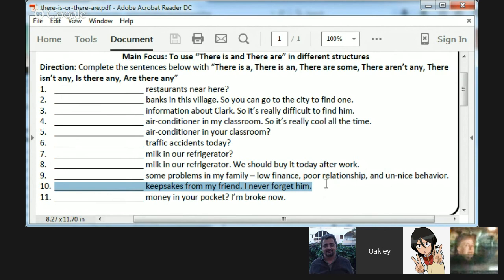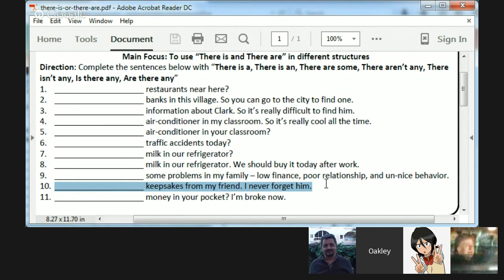Okay, Kimura, number 10. Another trick. Kimura? I've lost her. Kimura? No? Okay. Vicente.